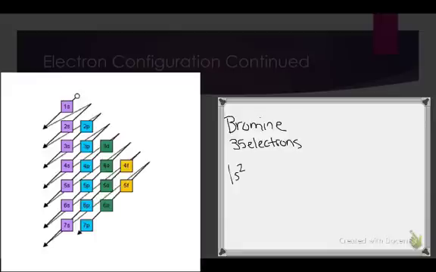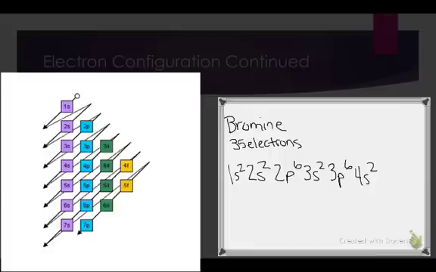That takes care of 2 of them. 2s2, there's 4 electrons total taken care of, and 2p6 brings us to 10 of the 35 electrons I need to take care of. We're then going to go around to 3s2, there's 12, 3p6, there's 18, and 4s2 brings me to 20 of the 35 electrons I need to place.